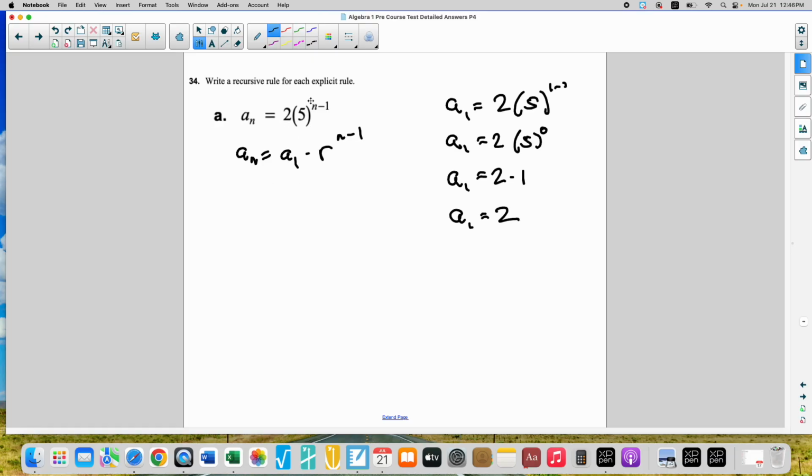Yeah, I know that. So it says the recursive rule for a is going to be a sub n equals 5 times a sub n minus 1. I don't know what that means, but that's the n minus 1 term. So prior, all right, I don't know. But yeah, we use that.